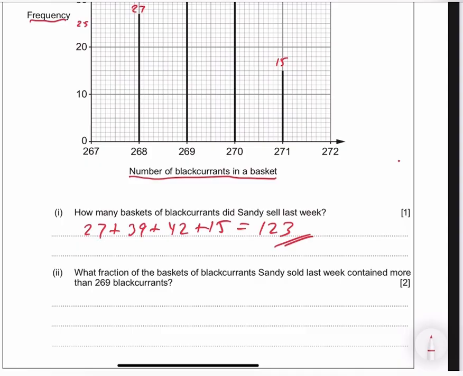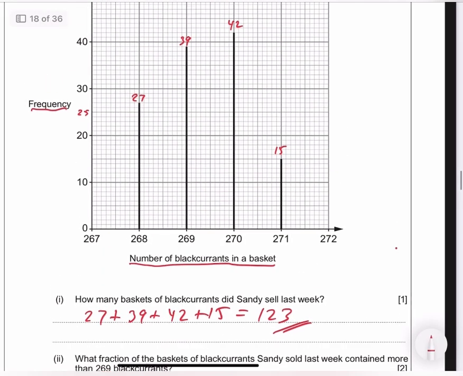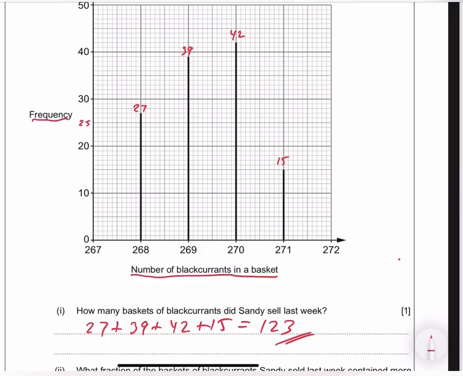And next, what fraction of the baskets of blackcurrants Sandy sold last week contained more than 269 blackcurrants in a basket? Okay, so that is 269. We need to go for more than that.